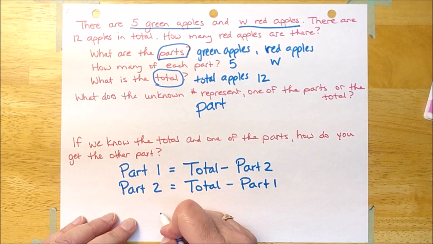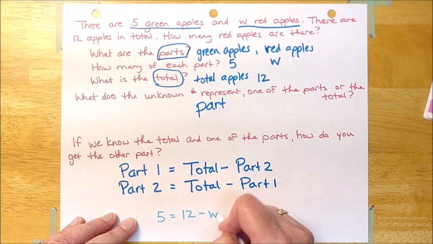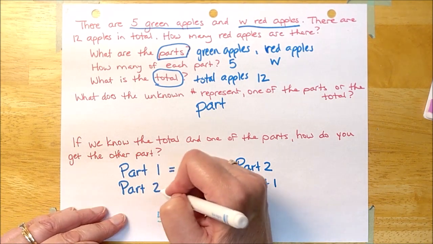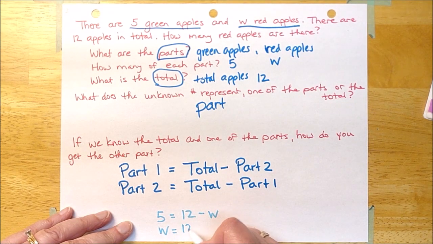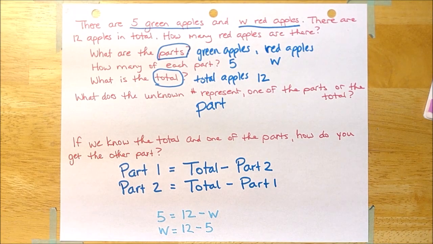So I could say 5 equals total minus W. That doesn't really help me too much. If I say part 2, which I would say is the red apples, so W equals the total minus the 5 apples. Now that I can figure out. Okay, so we are going to pause and you're going to come back for part 2 of this video.